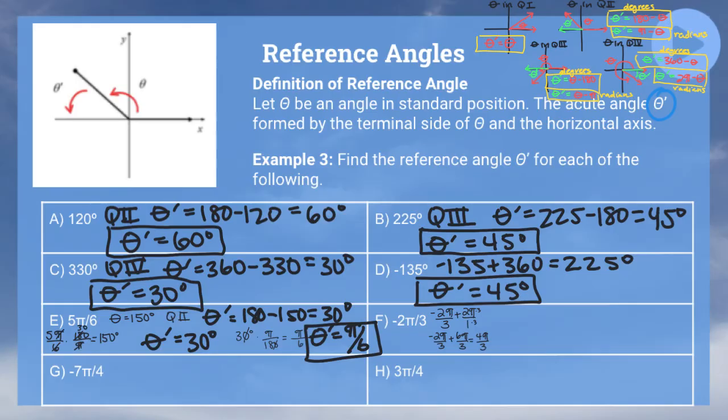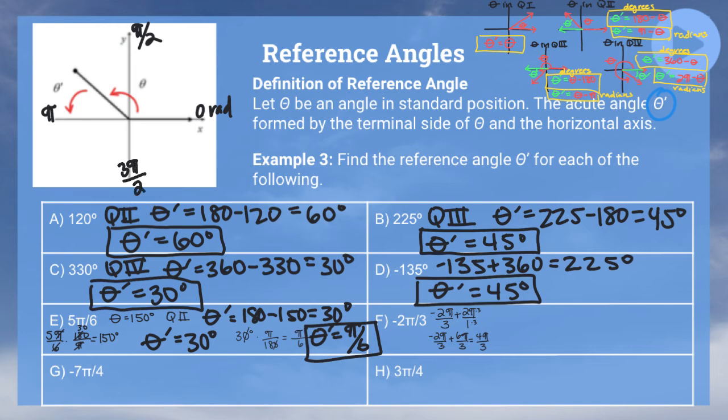And now that I see that this is 4 pi over 3, I can do a few things. I can convert this to degrees and see which quadrant it lies in, and then find the reference angle. Or I can try to figure out which quadrant it lies in without having to convert it. So remember that this is 0 radians, this one is pi over 2, pi, and 3 pi over 2.